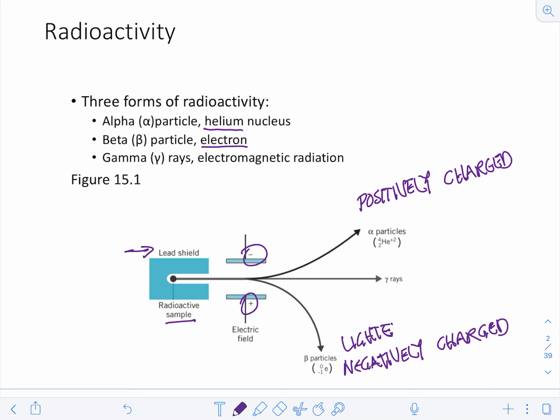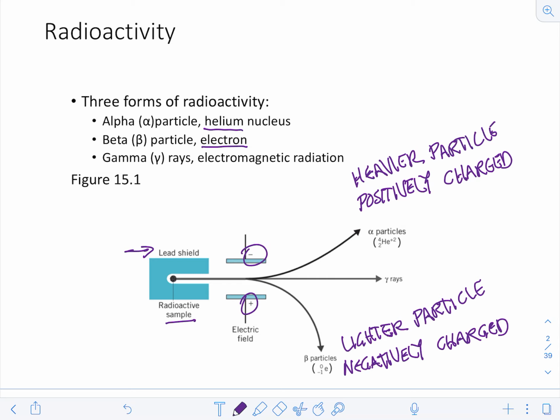Because it has less mass, it moves significantly faster. A helium nucleus is heavier, and because it's heavier, it bends less towards a negative plate.